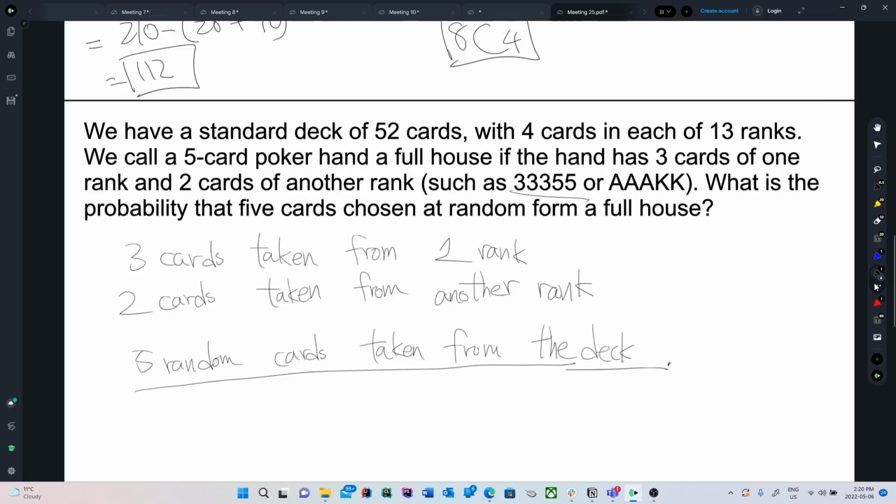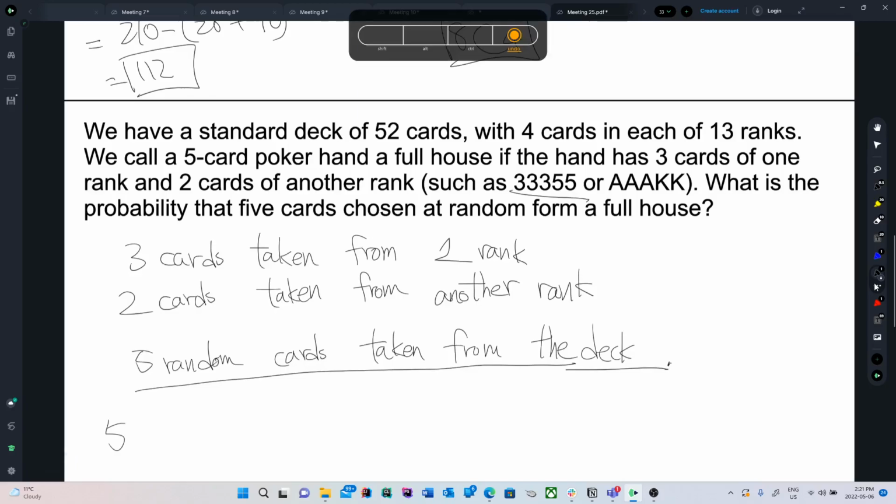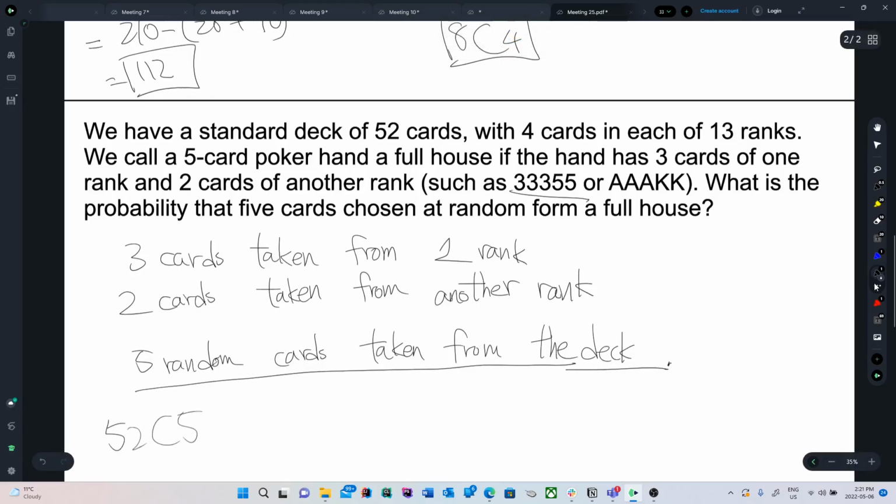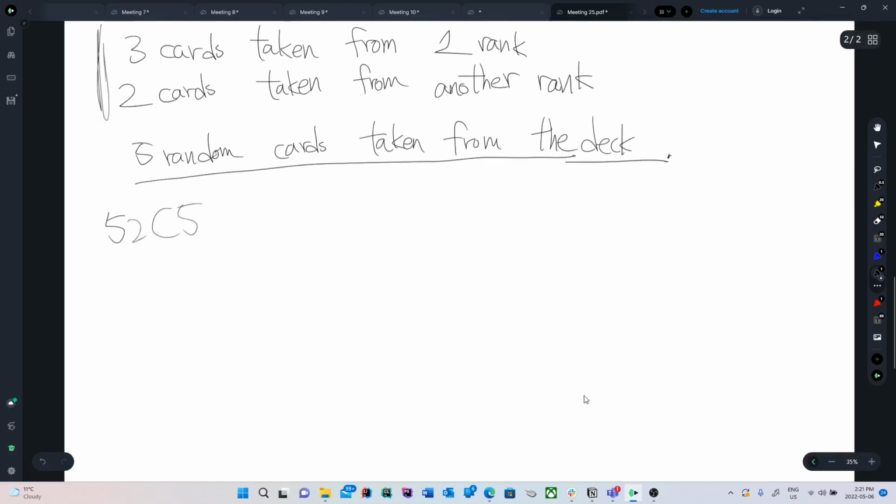This should be easy. It's just going to be 52 choose 5. 52 cards, we pick 5 random cards out and see their combination. And let's solve for these 2 cases. First, 3 cards taken from one rank. We first need to determine how many ranks there are.